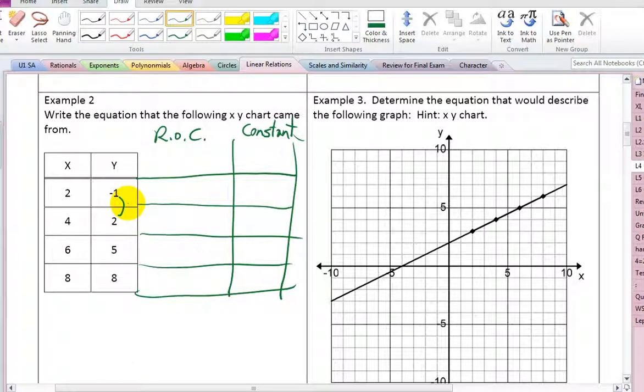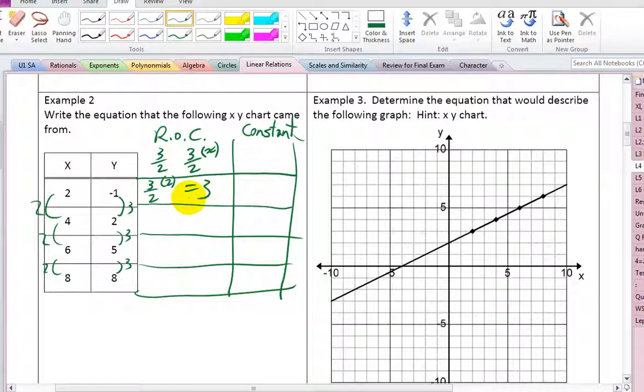This goes up by 3, 3, 3, 2, 2, and 2. So 3 over 2. Your rate of change, you're going to multiply it by the x. So here it's going to be 3 over 2 times 2. It's like 6 divided by 2.